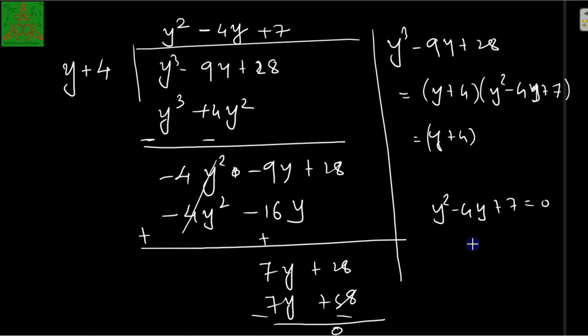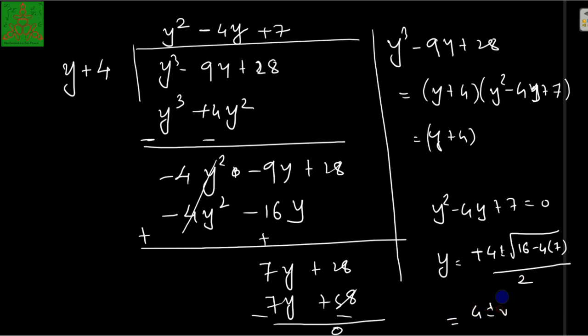We will have y equal to minus b, that is plus 4, plus or minus square root of b square, that is 16, minus 4 into 7, upon 2. So this is 4 plus or minus square root of 16 minus 28, which gives you minus 12 by 2, so that is 12i by 2.